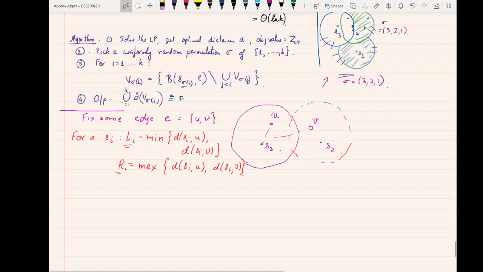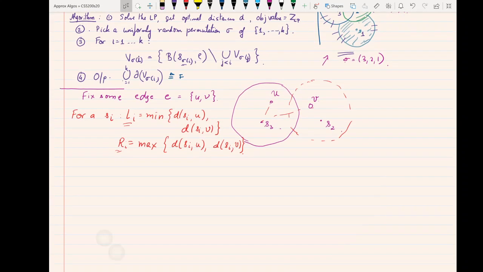Now, I'm going to assume without loss of generality, just to avoid the notation becoming more cumbersome, that L1 is less than or equal to L2, and so on, less than or equal to Lk. Now, here's the deal.